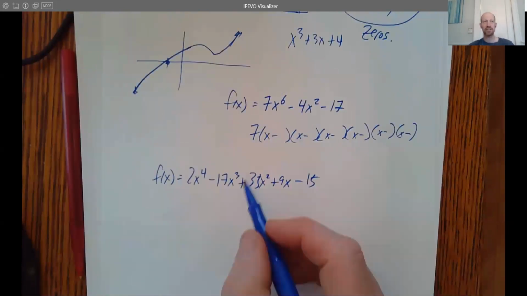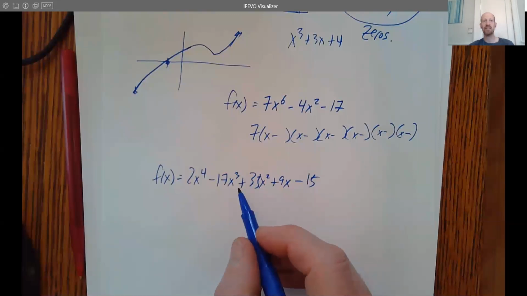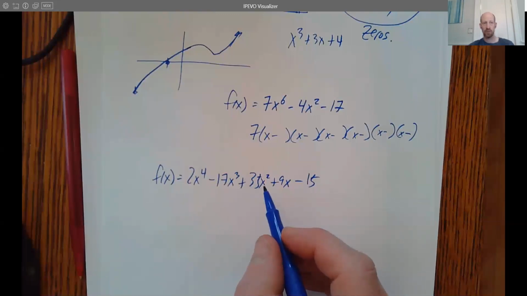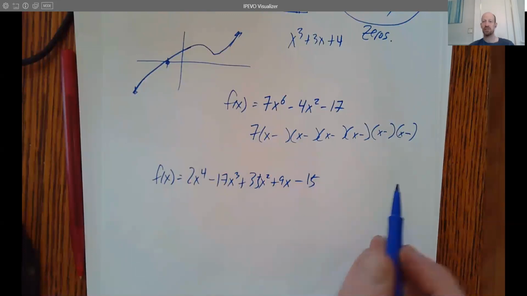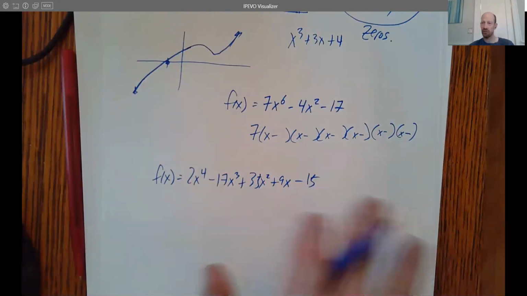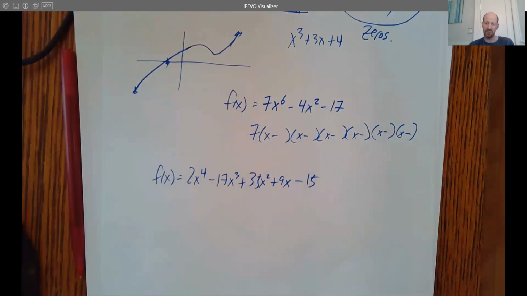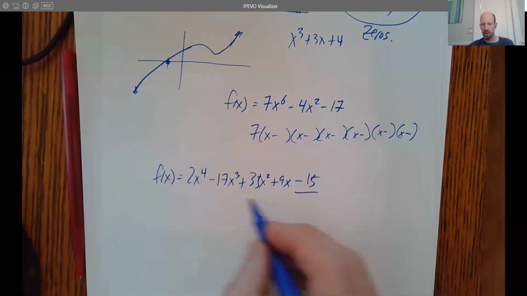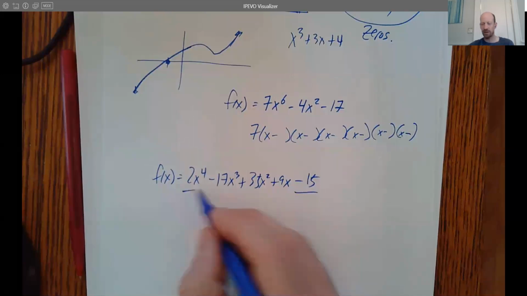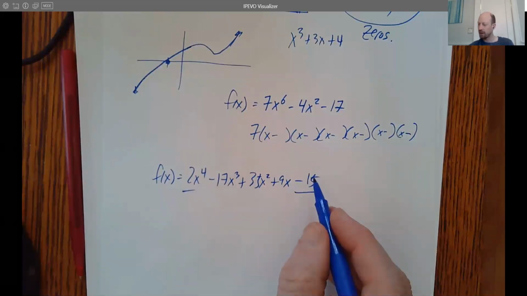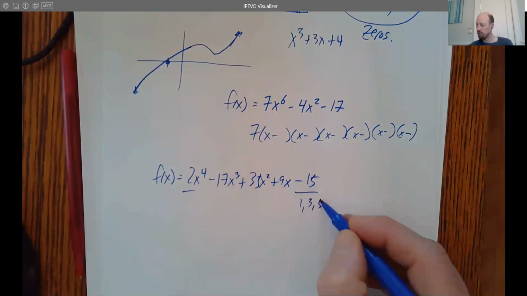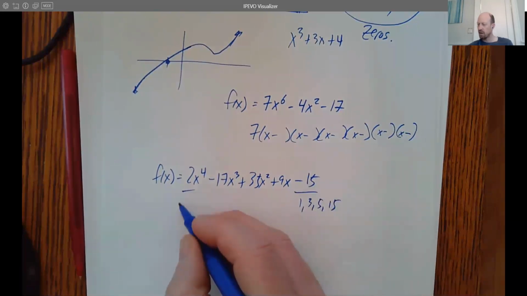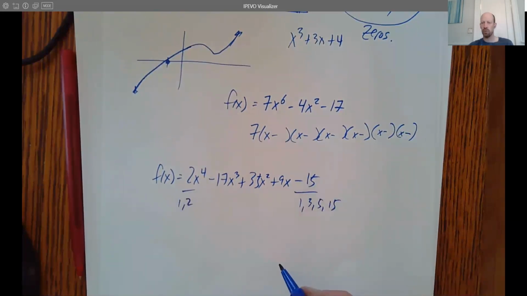But what the rational test does is list the possible rational zeros. So remember, the possible rational zeros include all the rational zeros, but also usually some other ones that don't turn out to be rational zeros, but it's still a limited list. And the way we come up with that list is we take all the factors of the last term and we divide them by all the factors of the first term. So the factors of 15 are 1, 3, 5, and 15. And the factors here are 1 and 2.